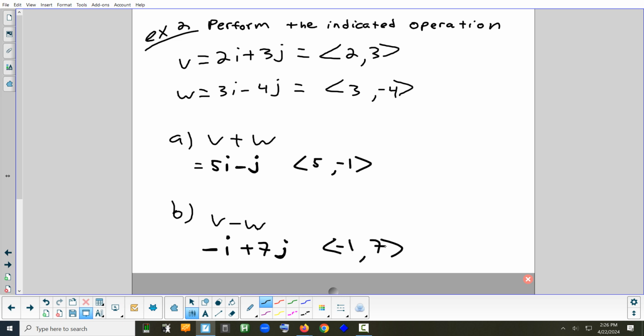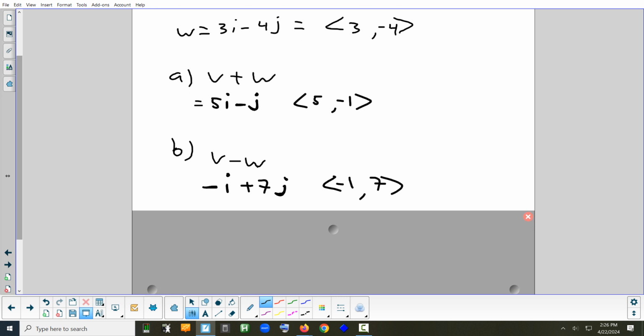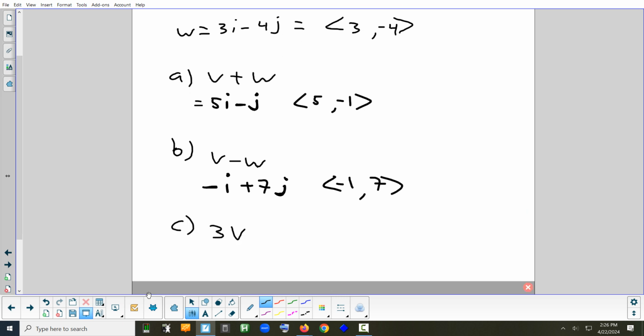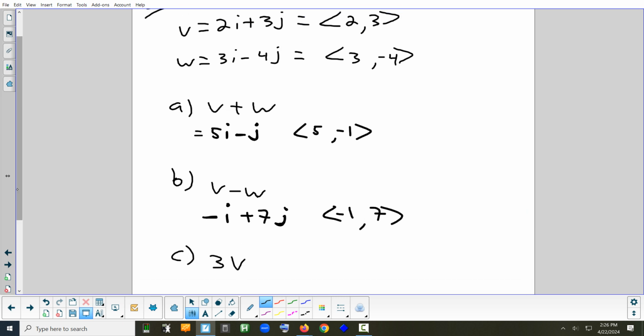Okay, so it's adding, subtracting, scaling. Old way, you would take 3 v's and stack them all up. Now we're just going to take the 3 and distribute it to each number, each component. 6i, j, and then what would come after it? 9.